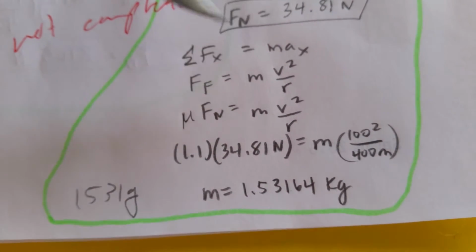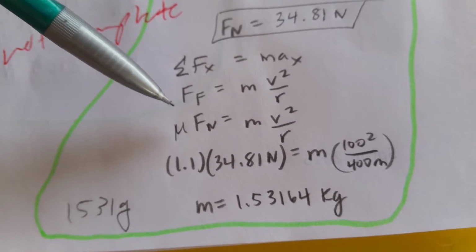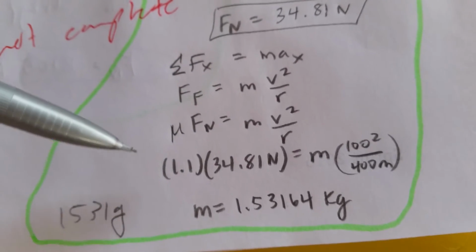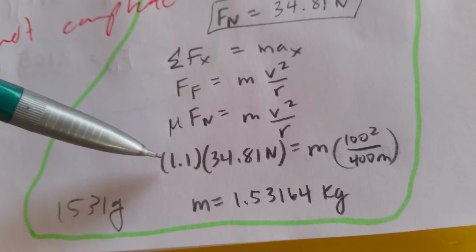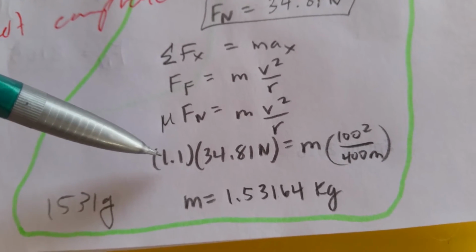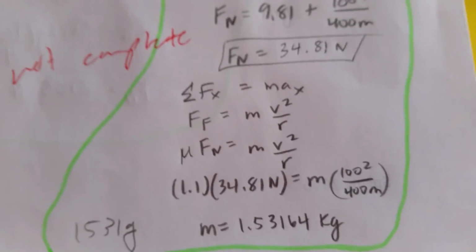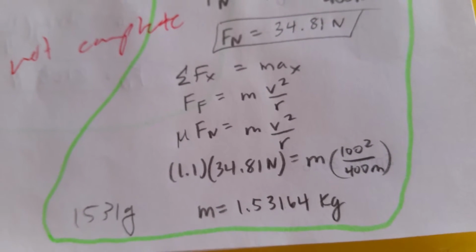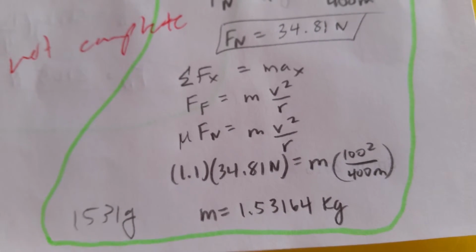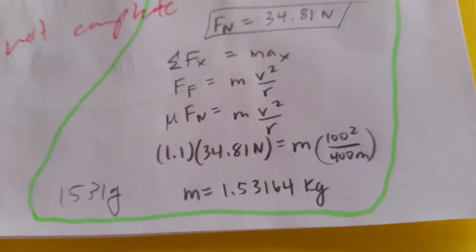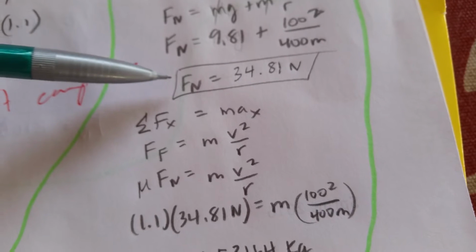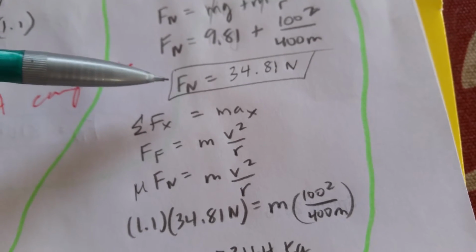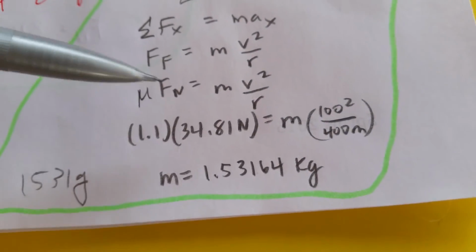So simplifying the left, you get the coefficient times the normal force is the friction force, and on the right hand side you just bring it down. So the coefficient of static friction they gave us was 1.1, and then the normal force is 34.81 newtons, and that was just the normal force I found up here, which I think should be a slightly higher number, but it doesn't change my answers again.